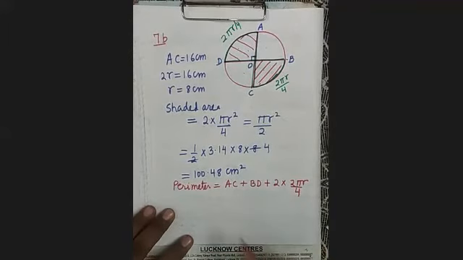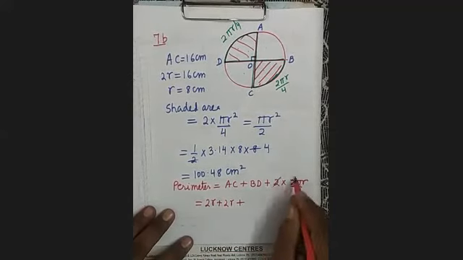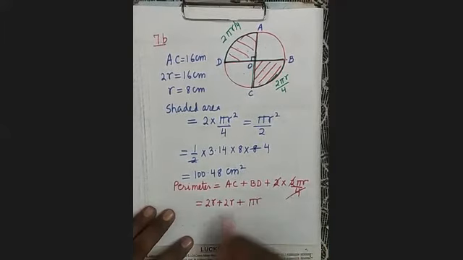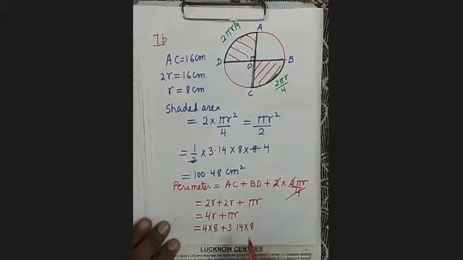It's clear? So it will be equal to 2r plus 2r plus, this will be cancelled, 2 into 2 is cancelled. So pi r. So it is 4r plus pi r. So you substitute 4 into 8, and pi is 3.14 into 8.